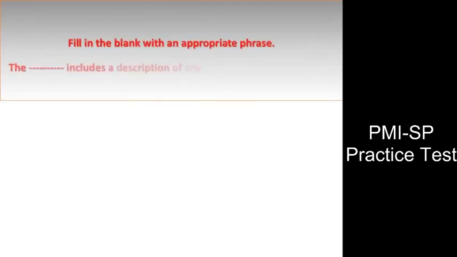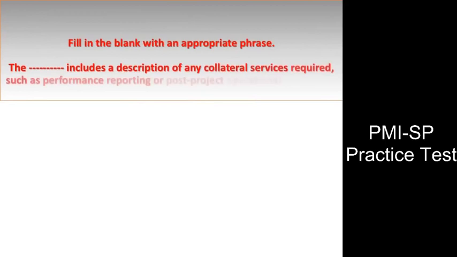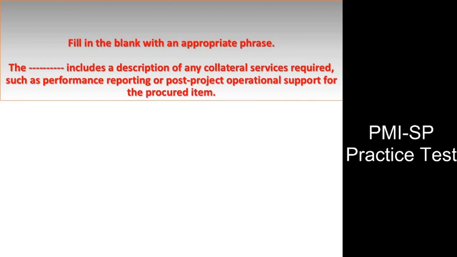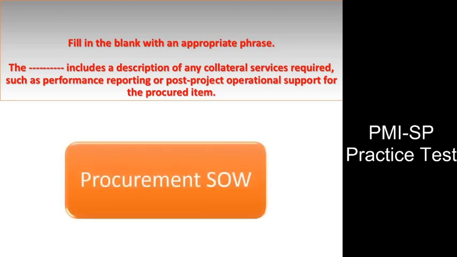Question number 13. Fill in the blank with an appropriate phrase. Blank includes a description of any collateral services required, such as performance reporting or post-project operational support for the procured item.